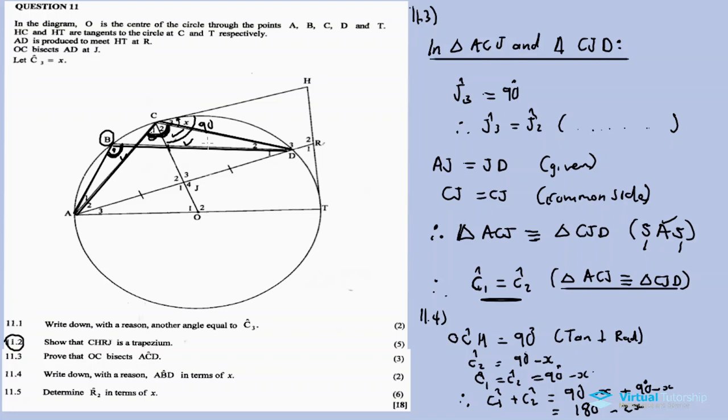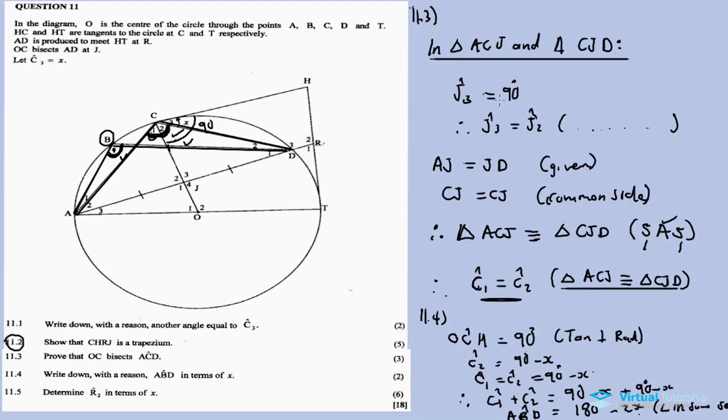So therefore angle ABD is also equal to 180 degrees minus 2x. Angles in the same segment. So therefore we calculated ABD this way. So for 11.4 we end here.